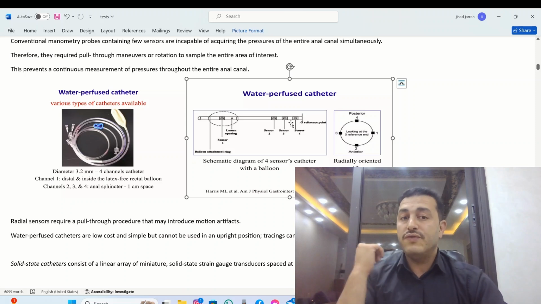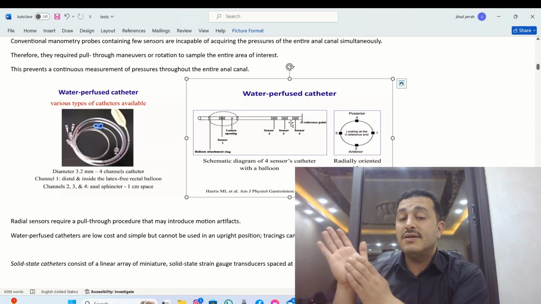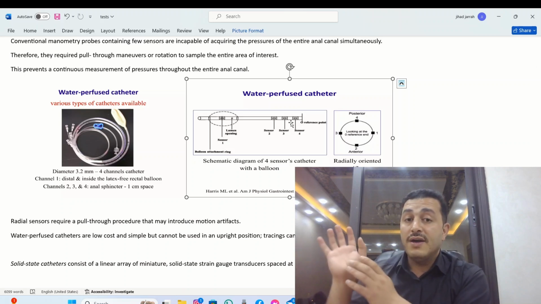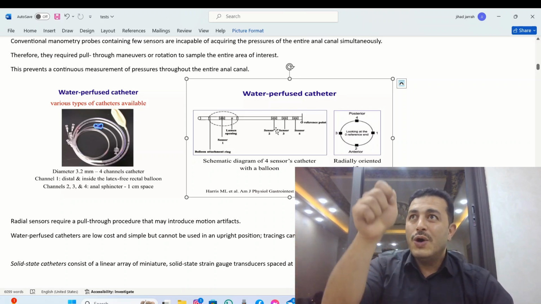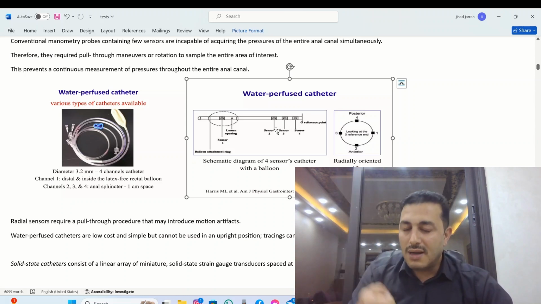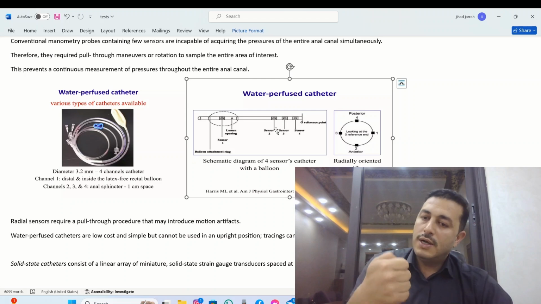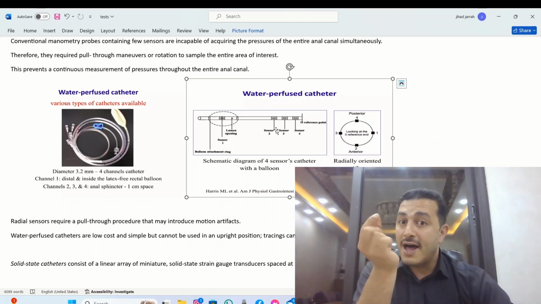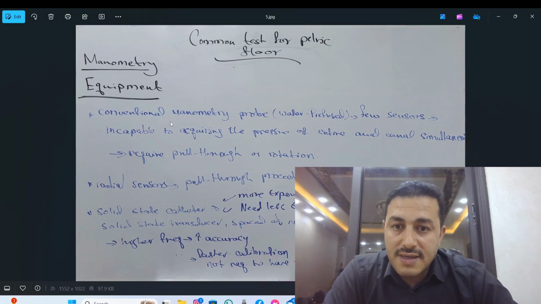When we compare it to the high resolution, you will notice that up to 250 sensors, as we will show. So these are limited, so you need to pull through, change it, and rotate it to detect the pressure in the anal canal. Okay, this is the conventional.